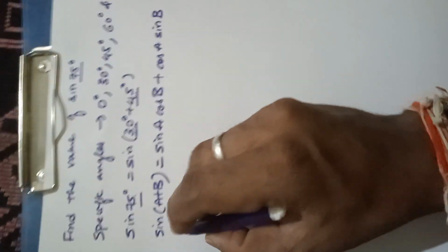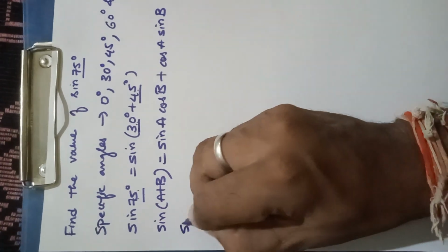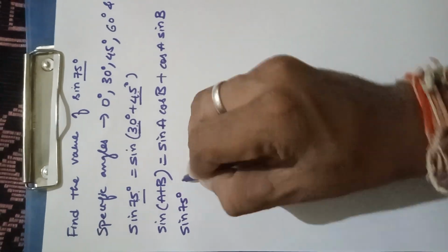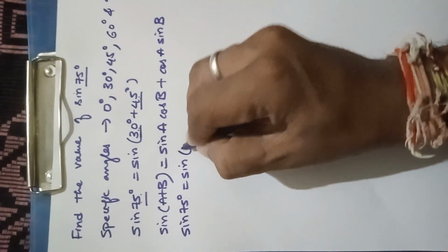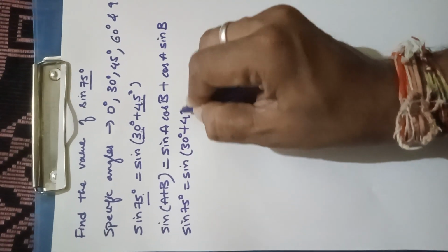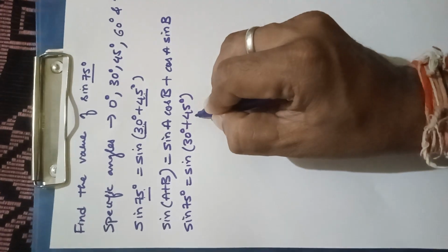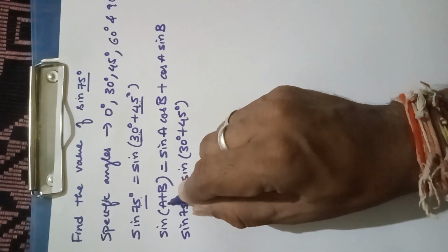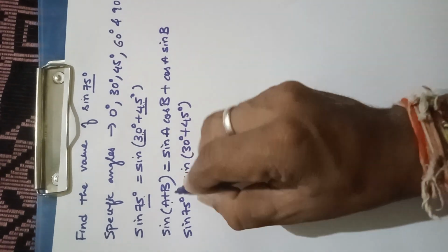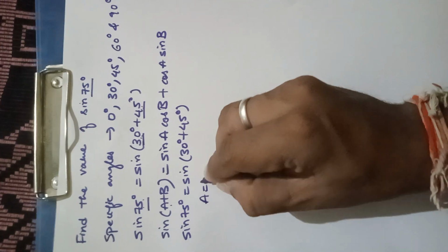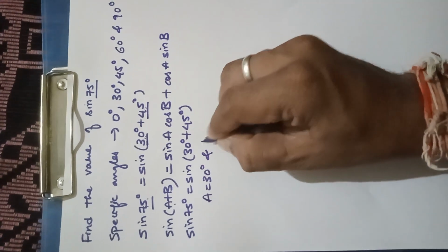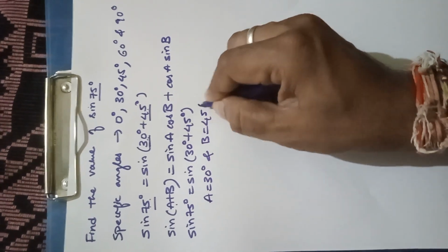Coming back to this, sine 75 degrees can be written as sine of 30 degrees plus 45 degrees. If you compare this with sine of A plus B, you will see that A value is 30 degrees and B value is 45 degrees.